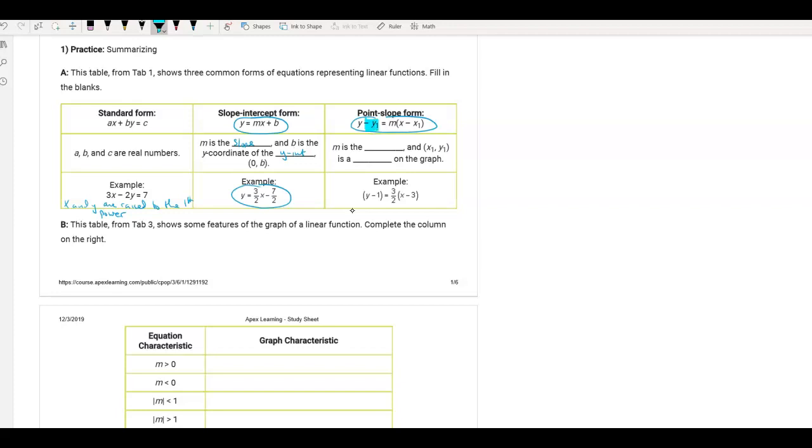What you have to understand, x1 and y1 represent a point, right? So that would be a point, and m is your slope. So m is the slope, and x1, y1 is a point on the graph. Okay.